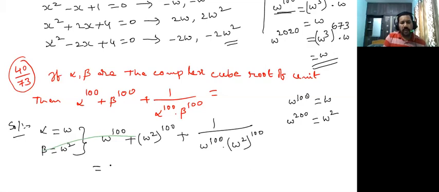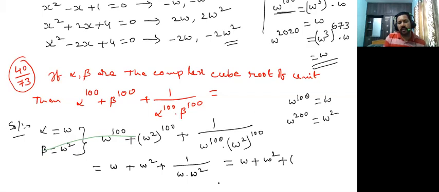So here omega, here omega square plus 1 by omega into omega square. Omega into omega square value is omega cube. That value is 1, or not? Finally, omega plus omega square plus 1. So sum of cube roots of unity is 0. That is the answer.